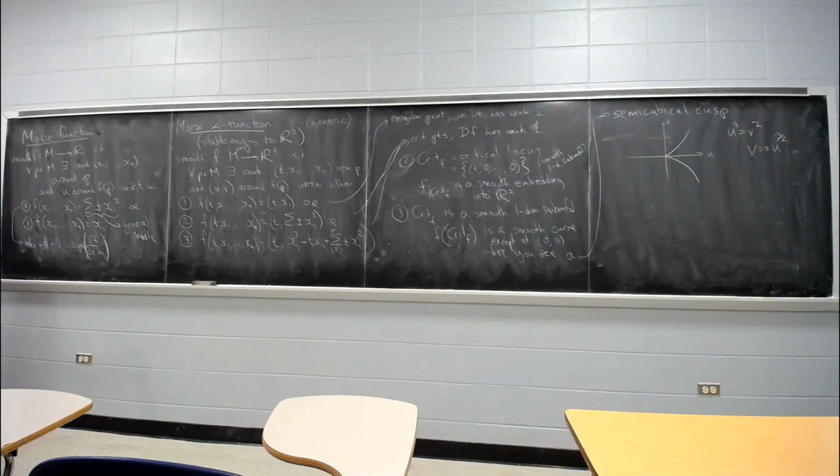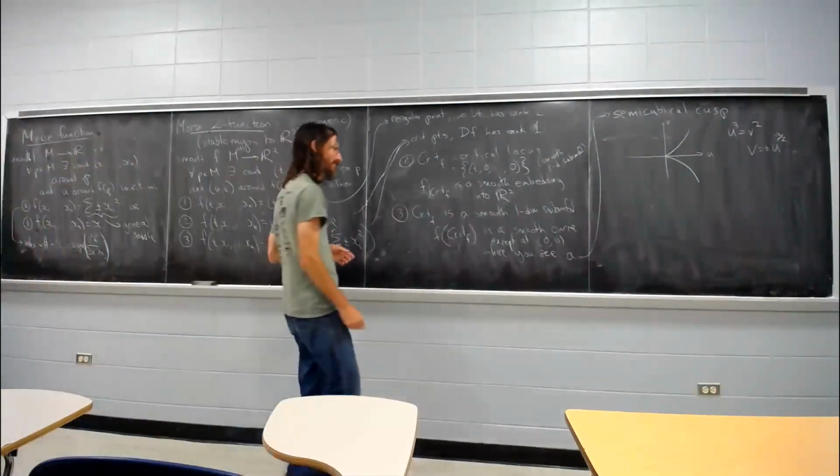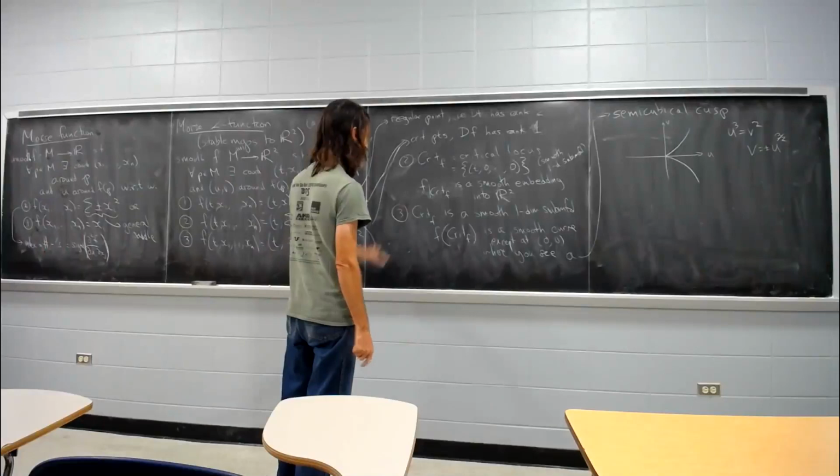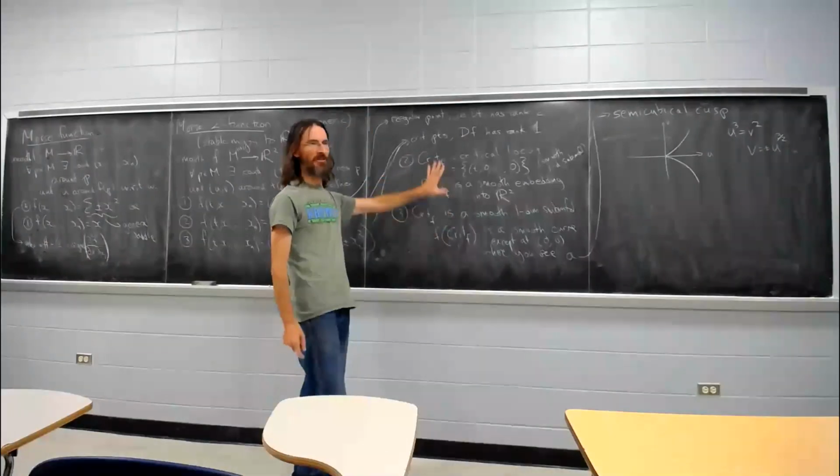You just have coffee in the morning. The answer for why you see semi-cubical cusps there is in the back of Arnold's book on mathematical methods of classical mechanics. I don't really understand it, but they appear in different projections of the genus knots, etc. And so that's the point, that's how you distinguish what's going on here.